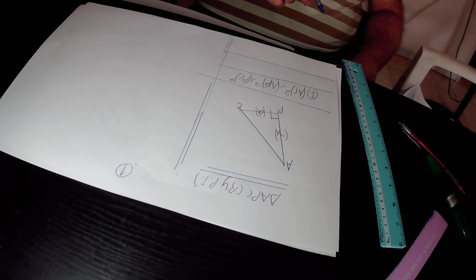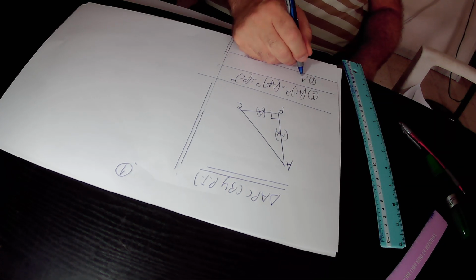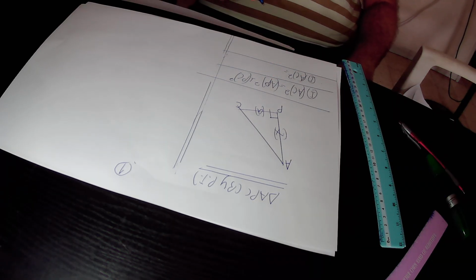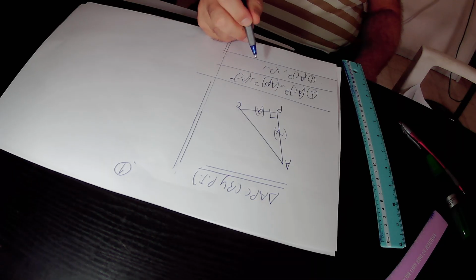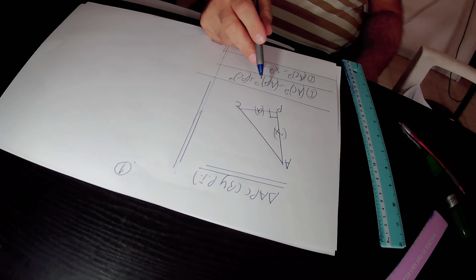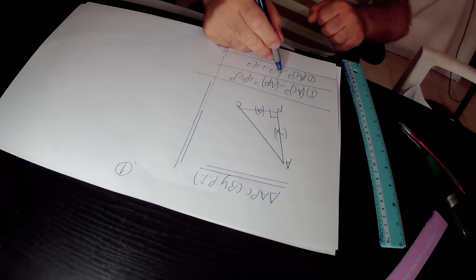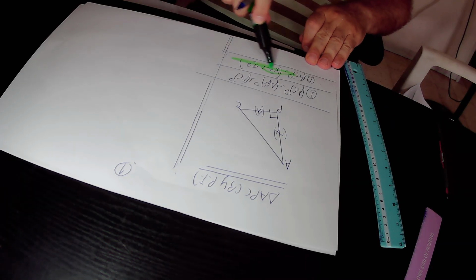AC is the missing side, so we leave it as it is, so it is AC squared is equal to AP squared. AP is x, therefore AP squared is x squared, plus PC squared. PC is a, therefore PC squared is a squared. So in total, according to equation 1, we find that AC squared equals x squared plus a squared.